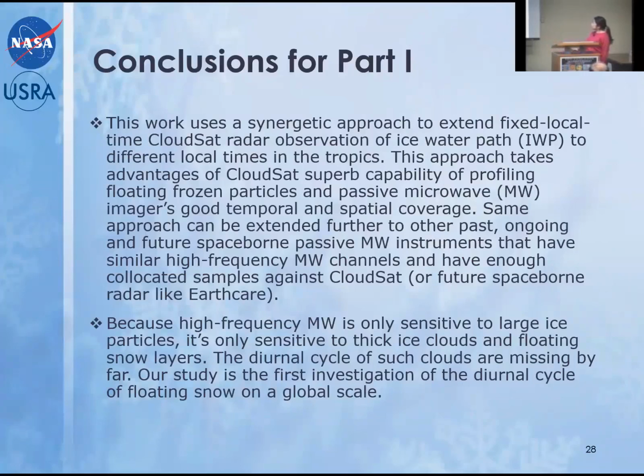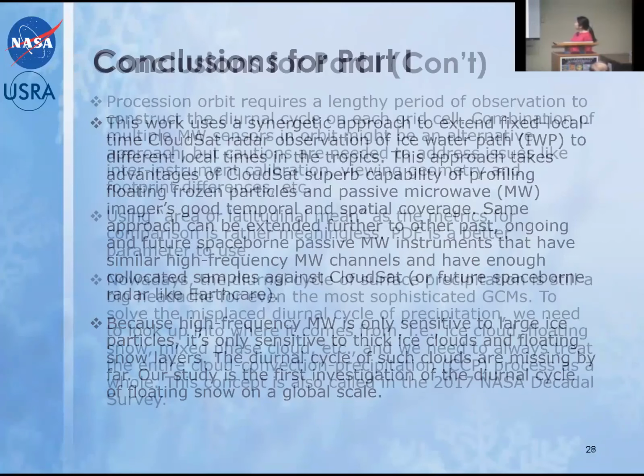And because high-frequency microwave sensors are only sensitive to large ice particles, they are only sensitive to thick ice cloud and floating snow layers. This diurnal cycle has been missing so far, and our study is the first to show the diurnal cycle of floating snow.